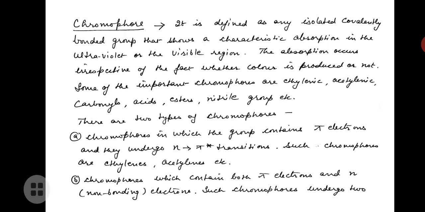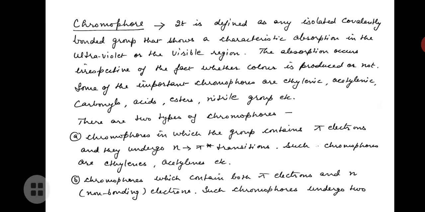There are two types of chromophores. First type, chromophores in which the group contains pi electrons and they undergo pi to pi star transitions. Such chromophores are ethylenes, acetylenes, etc. Now next type of chromophore contains both pi electrons and n non-bonding electrons.